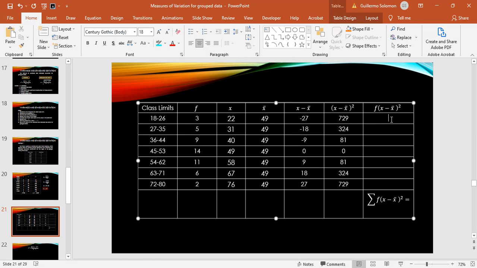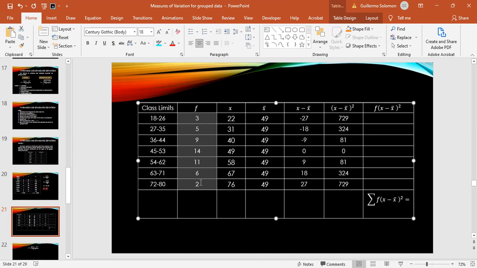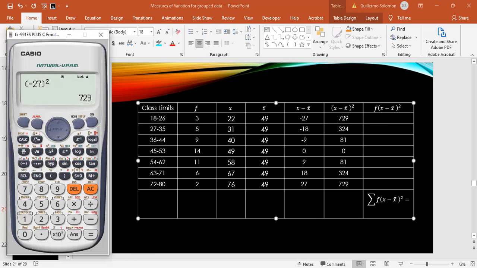Next, last column natin sabi, or sa based from the step, get the product of the frequency and yung nakuha nating squared. Okay? So, ito, frequency, i-multiply lang natin dito. So, mangyayari dyan, ganito.